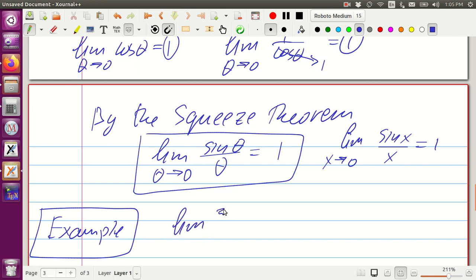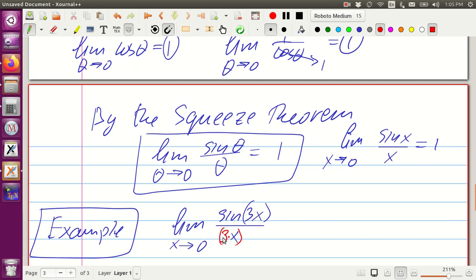Suppose we would like to find the limit of sine of 3x over x when x approaches 0. We can clearly see that in the sine we have 3x, the quantity inside of the sine. So what I can do is write 3 over here, and then we'll have the same quantity in both places.